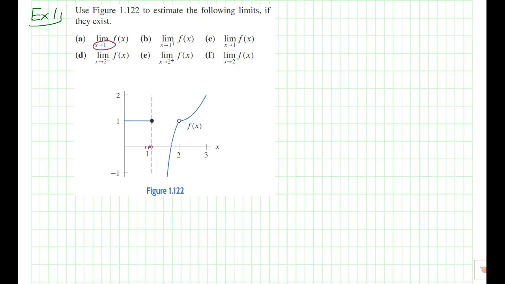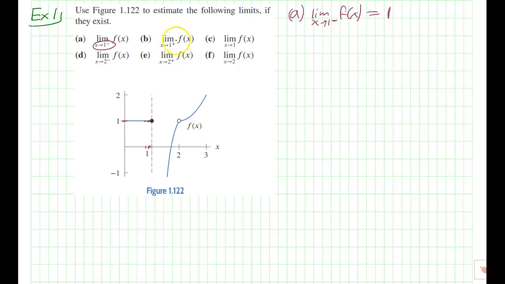If you plug in all of these, the y coordinates are equal to 1. So it's not exactly approaching 1 because it's already there, but for A, the limit as x approaches 1 from the left of f of x is equal to 1.